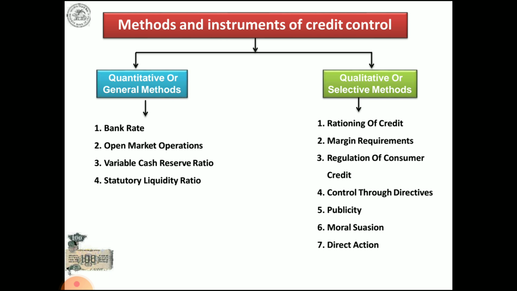And in qualitative or selective methods, there are rationing of credit, margin requirements, regulation of consumer credit, control through directives, publicity, moral suasion, and direct action. So these are the tools or methods, instruments we can call for the credit control.